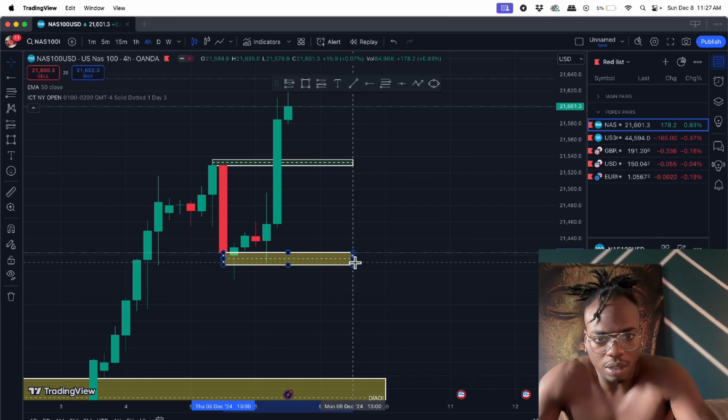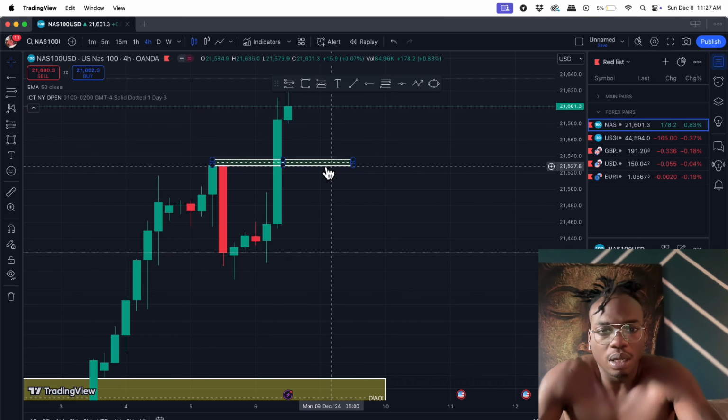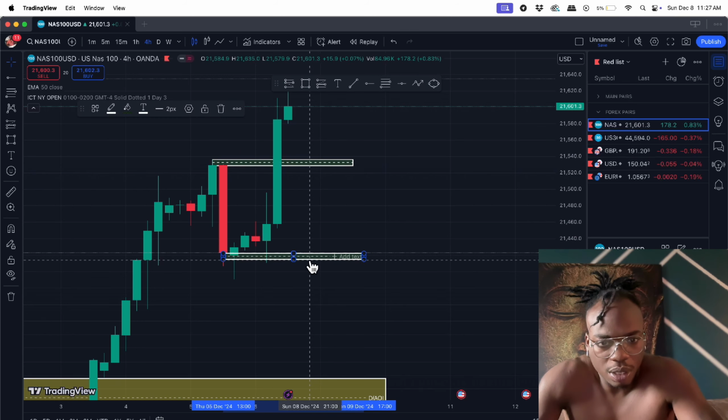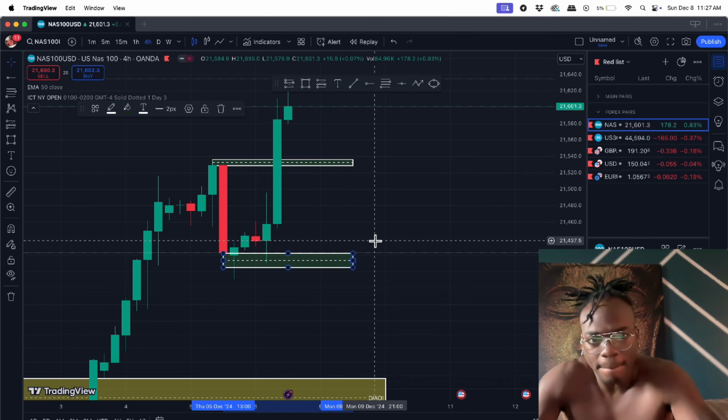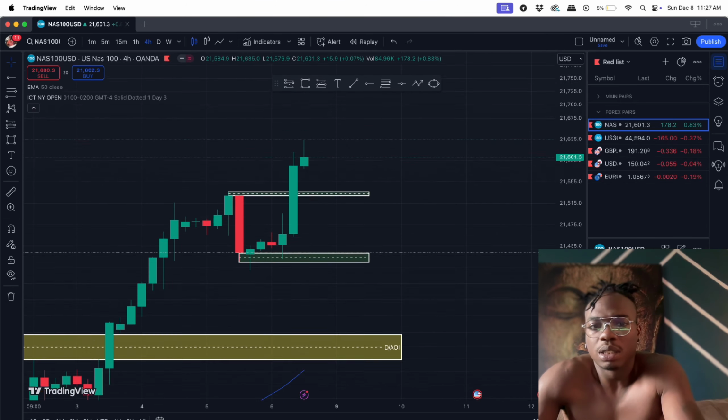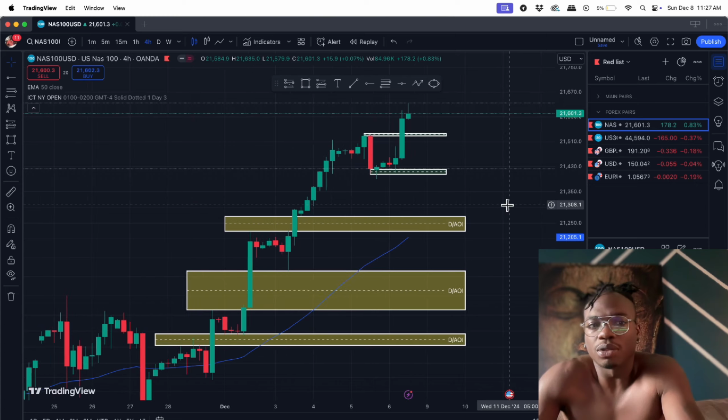So this would be, a minute, bear with me. So this would be considered as an order block as well. And what we're doing is basically, with this, it's going to be my confirmation just as well as my daily area of interest, right?